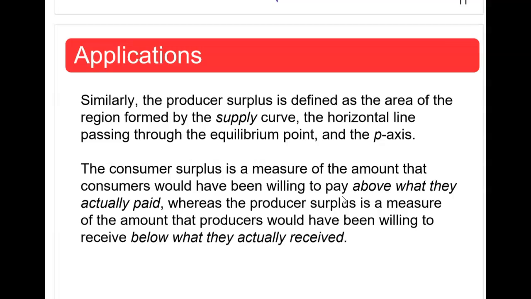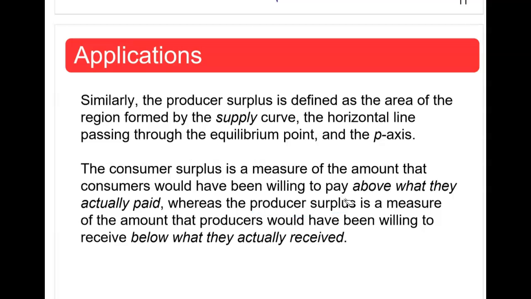Okay, so what we do a lot in business math is we talk about the surplus, like excess of items, like I said before. But here, what I'm understanding is that, let's read it again. Producer surplus is the measure of the amount that producers will have been willing to receive below.